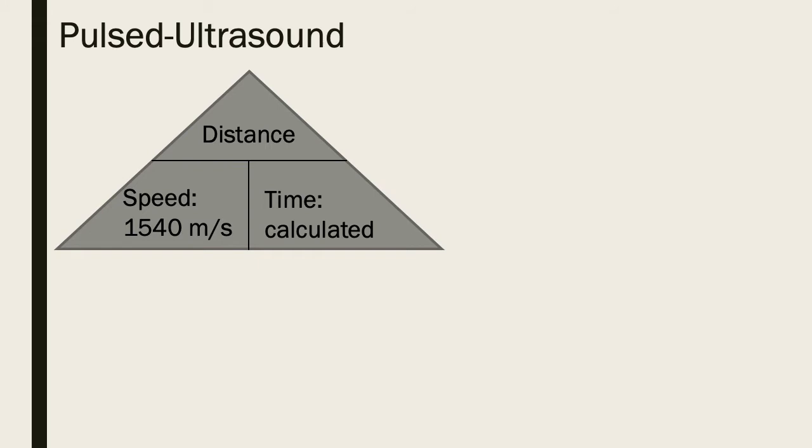One pulse will make up one scan line of an image. If you look at any ultrasound image, it's usually made up of around 96 to 256 scan lines. So again, one pulse, one scan line. One image is going to be between 96 to 256 scan lines.